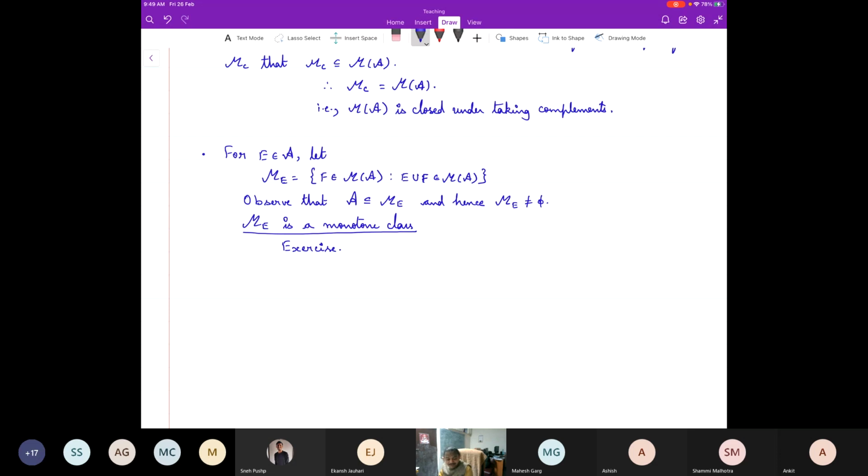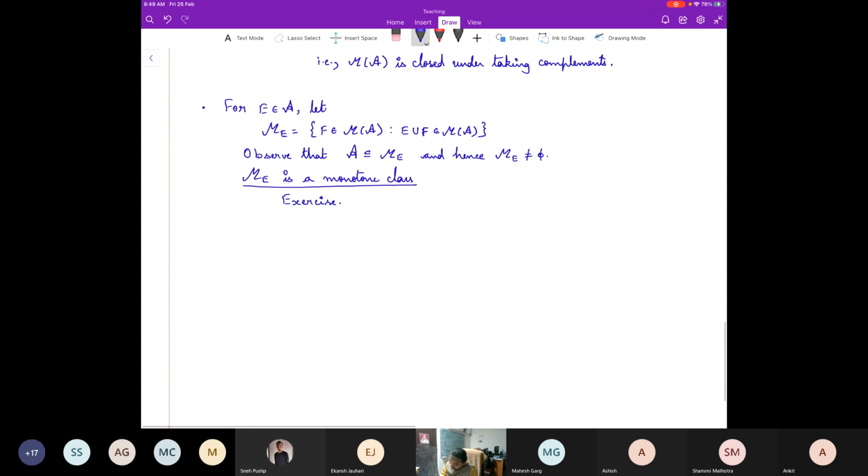Once you have shown it is a monotone class contained in M_A and it also contains A, therefore M_E should be the same as M_A. Therefore M_E equals M_A.